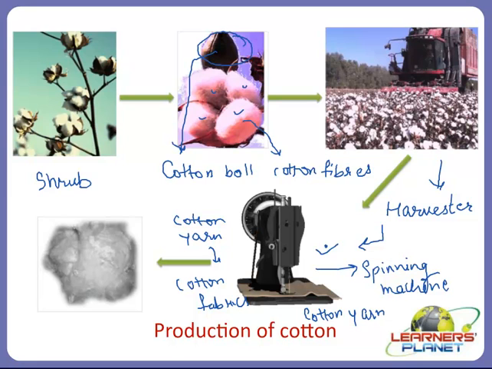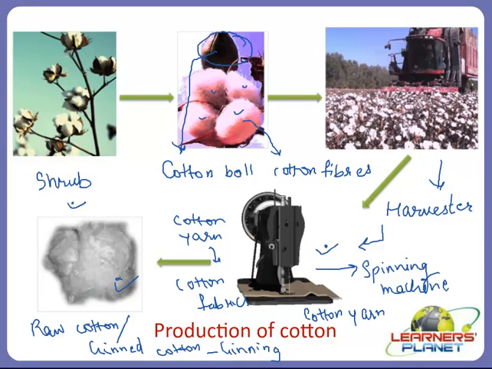And in the last picture, what can we obtain? Yes, this is the raw cotton. Or we can say we can obtain raw cotton, but this is a picture of ginned cotton, which is obtained by the ginning process. Right?